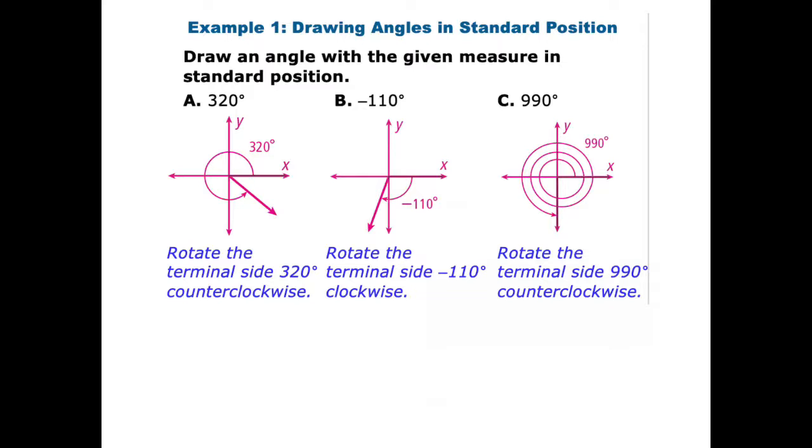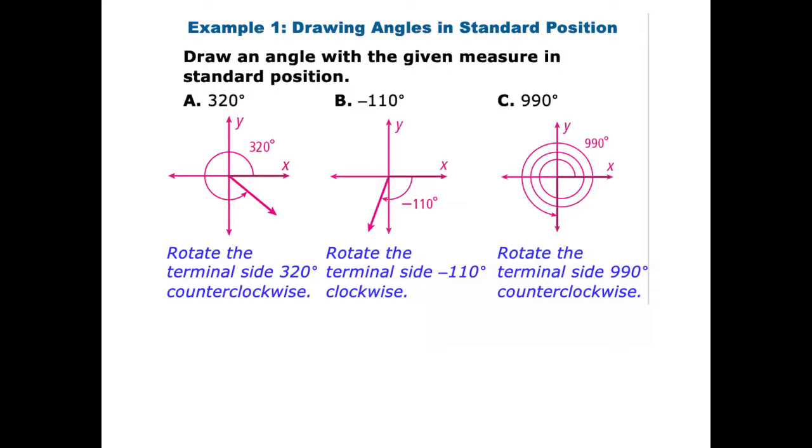Example 1. Draw an angle with a given measure in standard position. So the first one is 320, and it shows it going counterclockwise, which gives you a positive. B is negative 110 and it's going clockwise, so that gives you a negative.